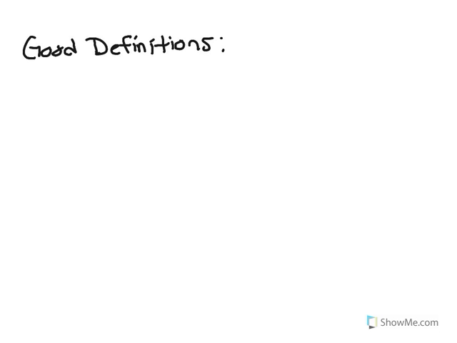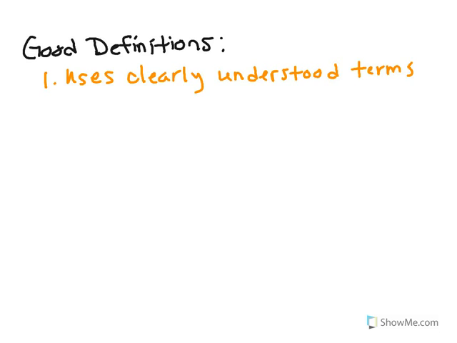Here's the first one. A good definition needs to use clearly understood terms. This means that you don't write the word stuff or things. You're giving me specific information that you understand and that other people can understand as well. The next thing is that your good definition has to be precise.